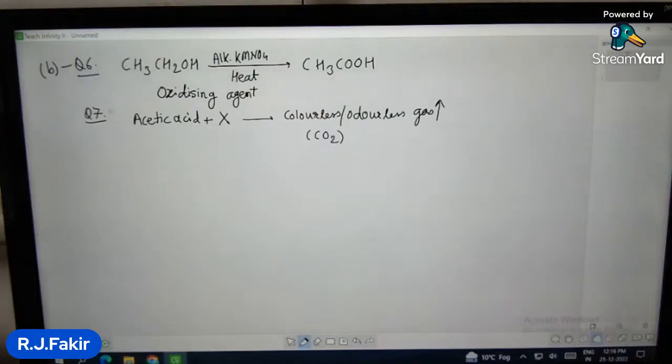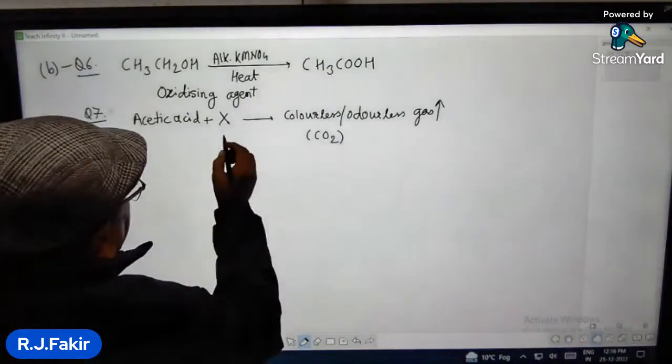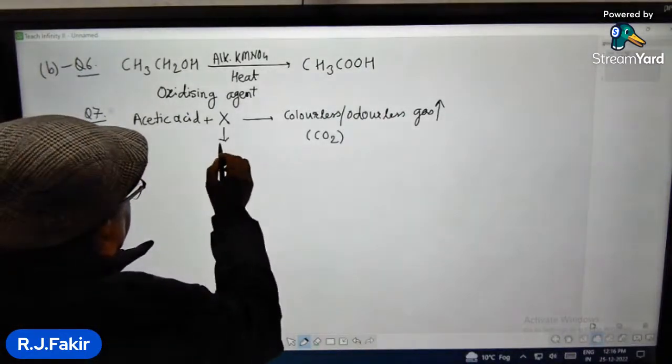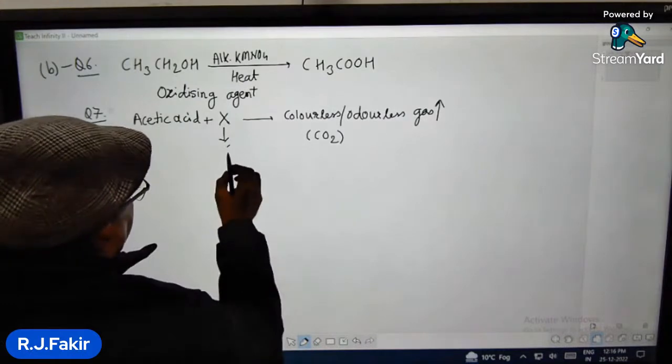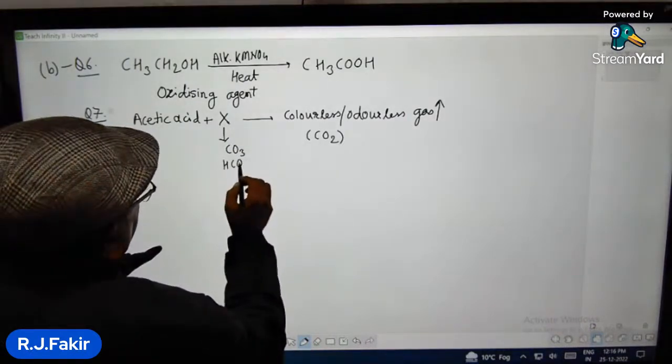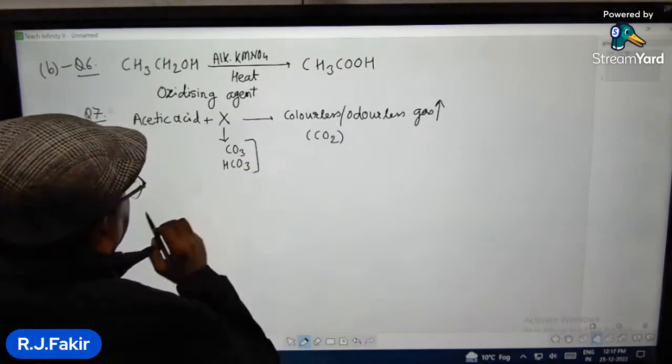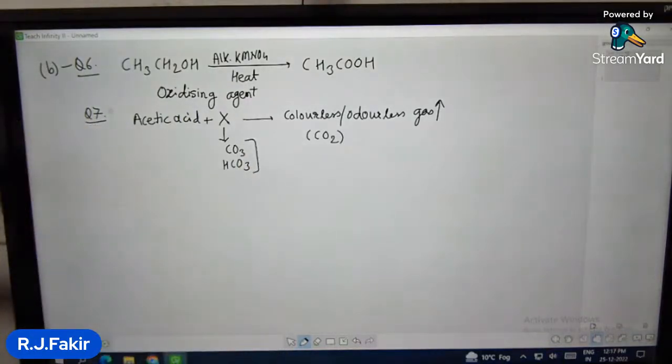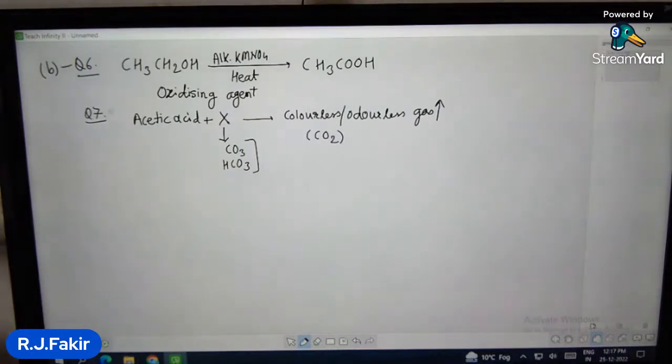Now producing CO2 basically indicates that this X should be a carbonate or a bicarbonate. Then only it is possible that it is going to evolve carbon dioxide. So we can go to the options now.